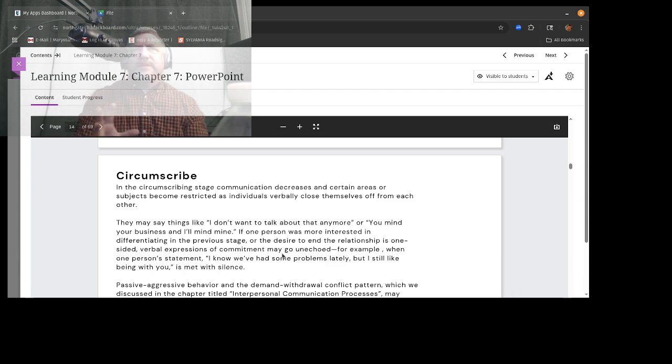Let's talk about the circumscribing stage. And no, I'm not talking about the act that we perform on infant boys. When we circumscribe in communication, it's a pulling back of talking about certain areas or subjects. They become restricted. They become closed off as the two individuals begin to close themselves off from each other.